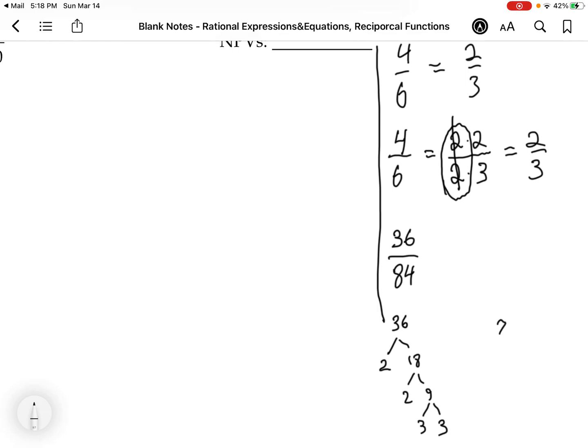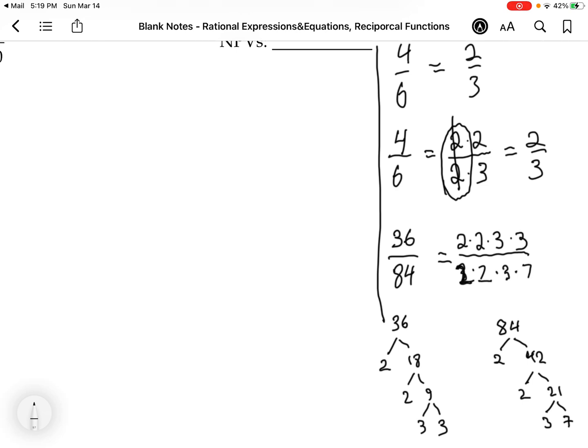And if I do the same thing for 84, I have 2 times 42, 2 times 21, and 3 times 7. So I can also reduce fractions this way. I break them down into the smallest possible pieces. That would be 2 times 2 times 3 times 3 for 36 over 2 times 2 times 3 times 7.